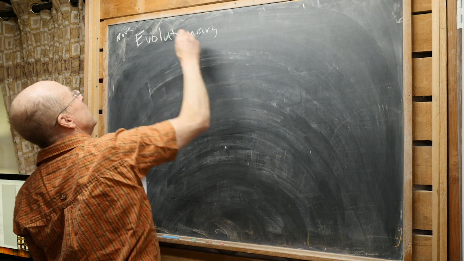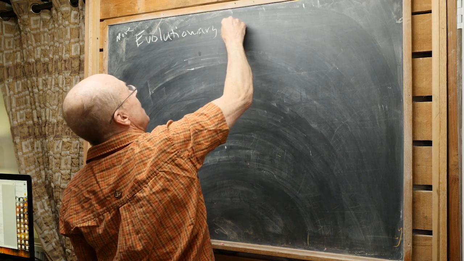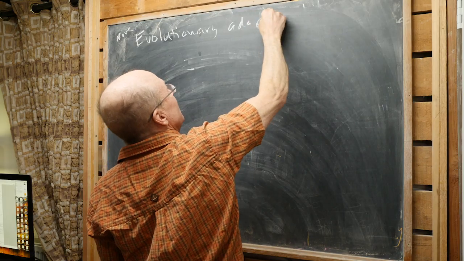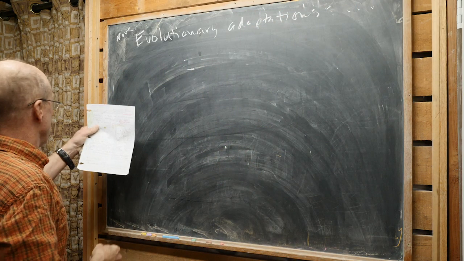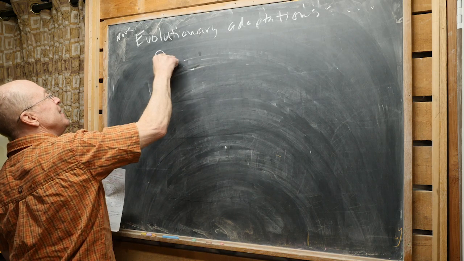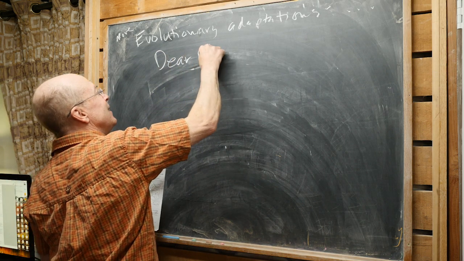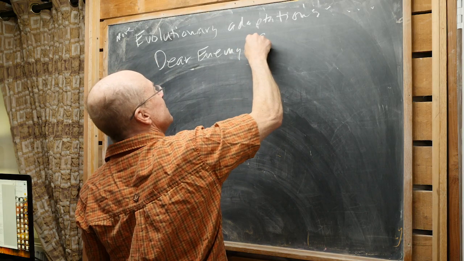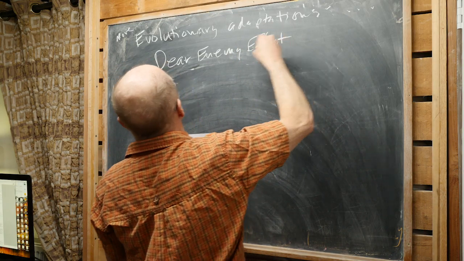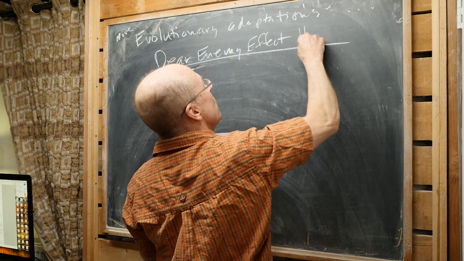Evolutionary adaptations in the arena of territoriality. So what we want to look at now is something called the dear enemy effect hypothesis. This is yet another social behavior hypothesis.